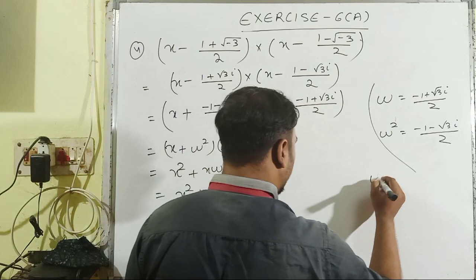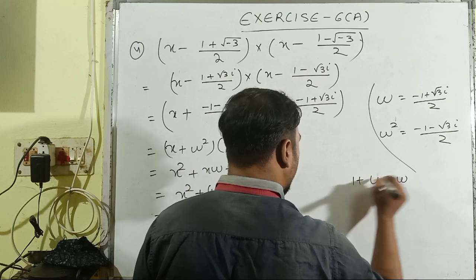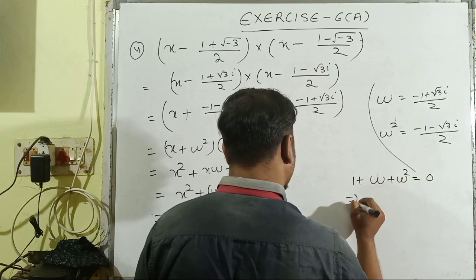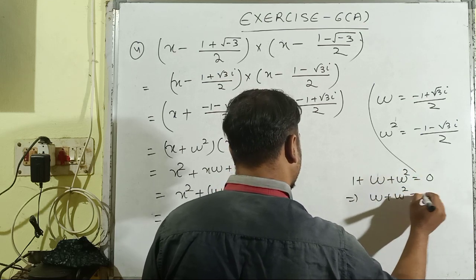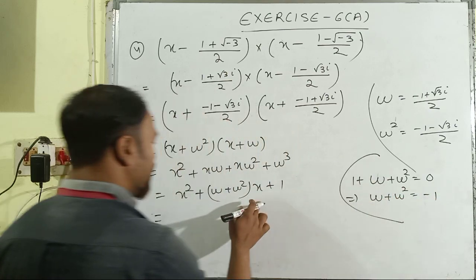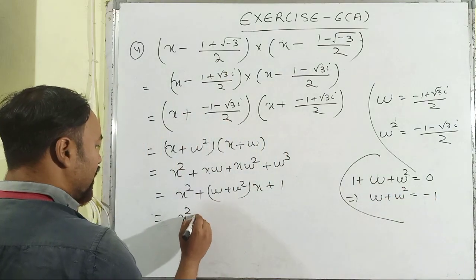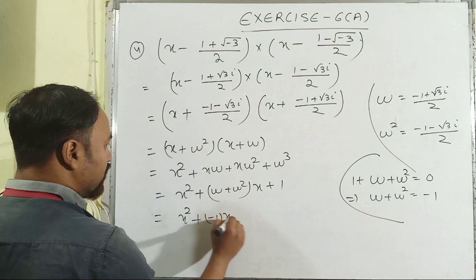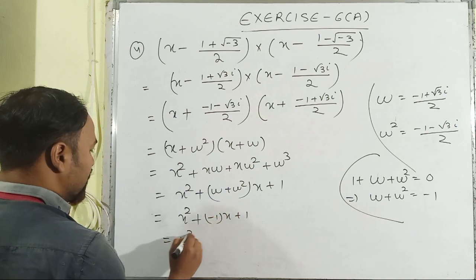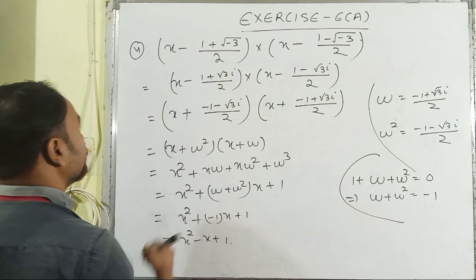As we know that 1 plus omega plus omega square is equal to 0, that means omega plus omega square is equal to minus 1. Again, by putting this substitution here, x square plus minus 1 into x plus 1, that means it is x square minus x plus 1.